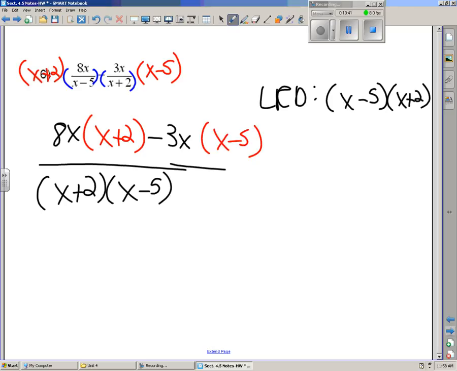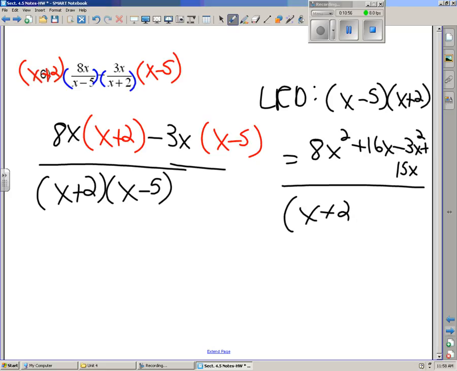Okay, so we've got to do some distributive property here, which is going to become 8x squared plus 16x minus 3x squared plus, excuse me, 15x all over x plus 2, x minus 5.